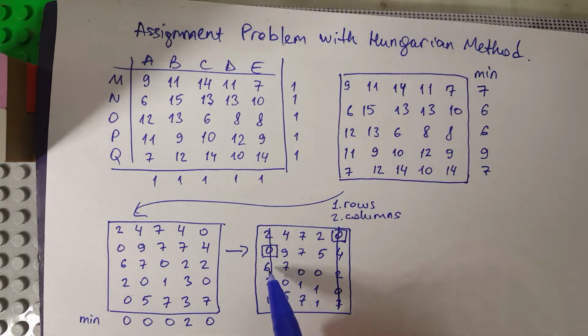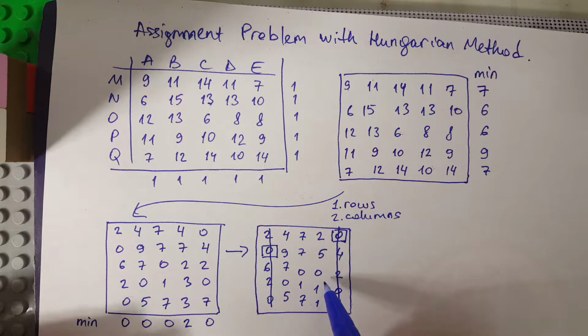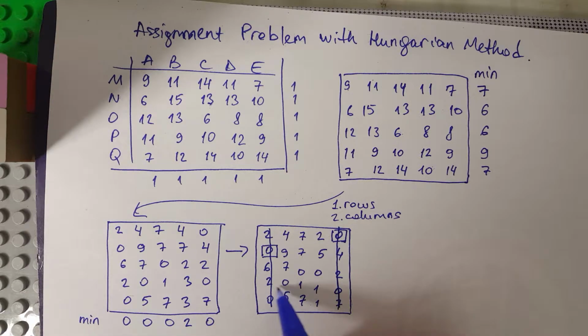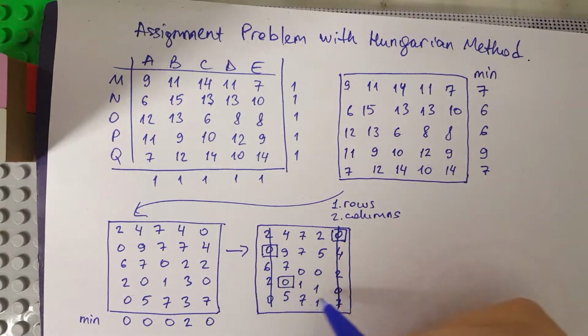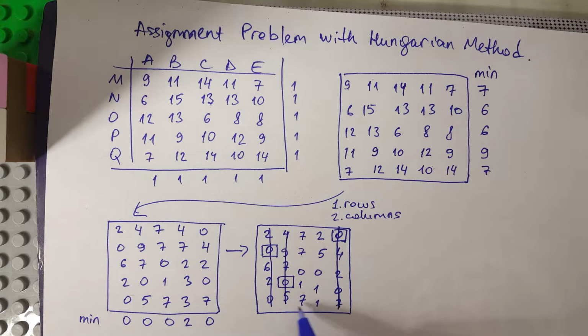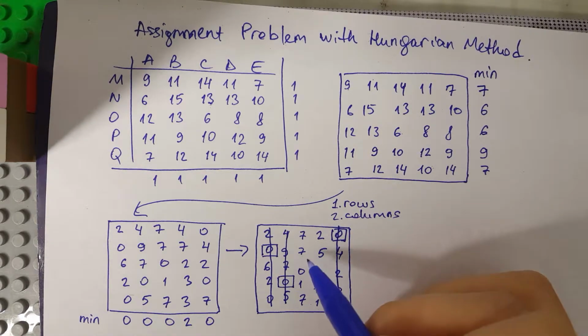Okay. Next row is the third row. We have 2 zeros, so we will skip this row. In the fourth row we also have just one 0 that is uncrossed, undeleted, you could say. Scan the row, cross the column. In the last row we don't have any zeros, so we will pass to the columns.